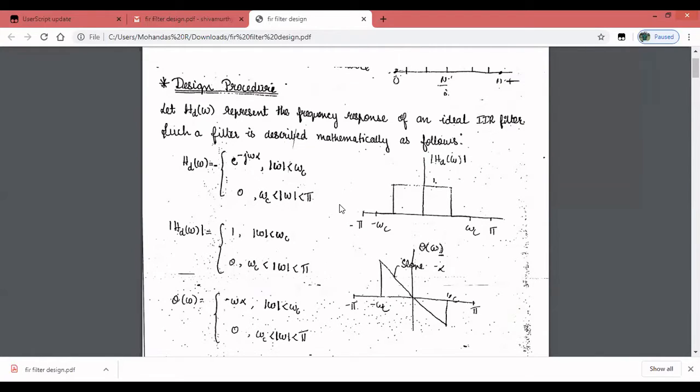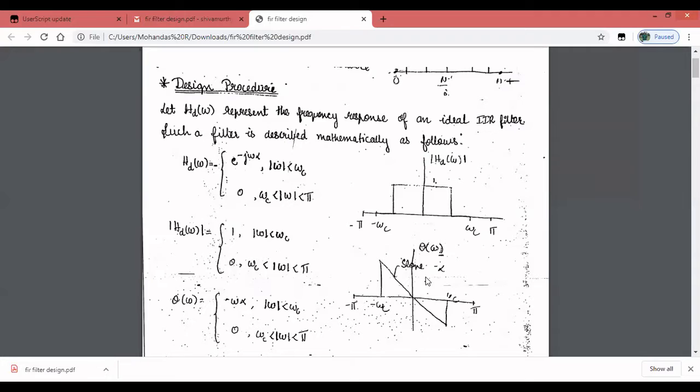Coming to theta of omega, we can see in the second figure the graphical representation of theta of omega. For omega less than omega c, the value of theta of omega is minus omega into alpha.